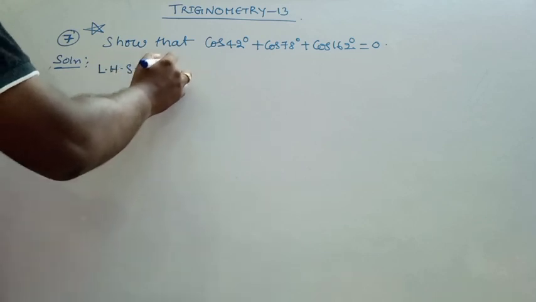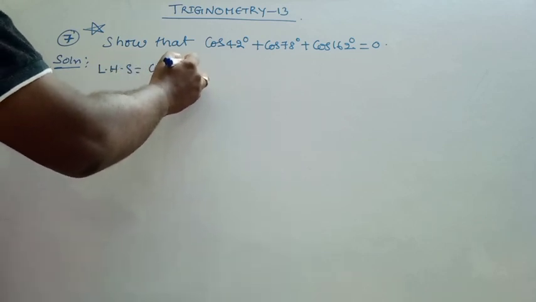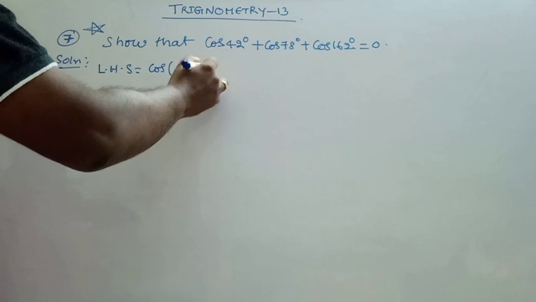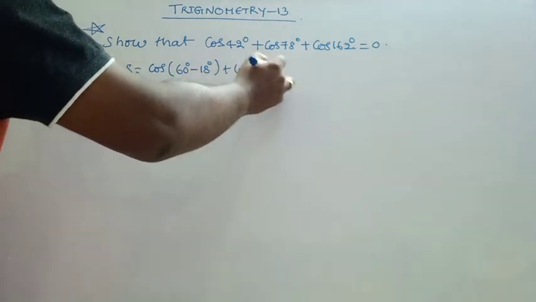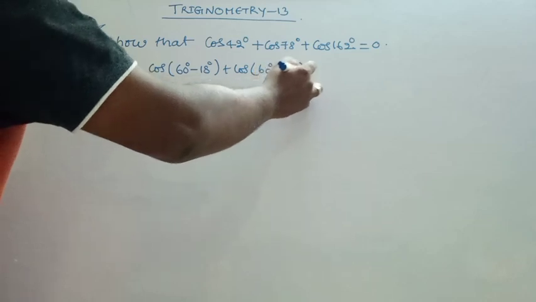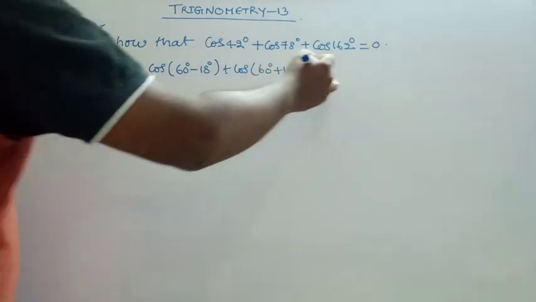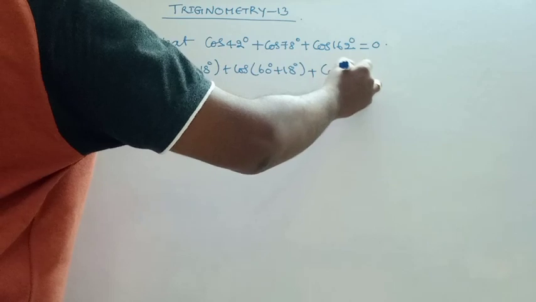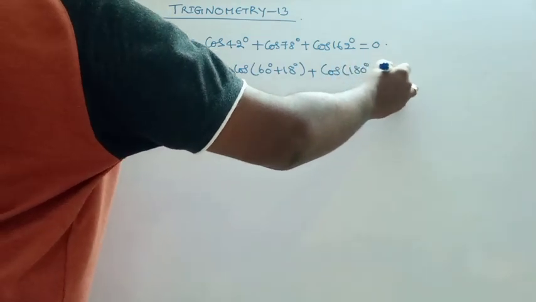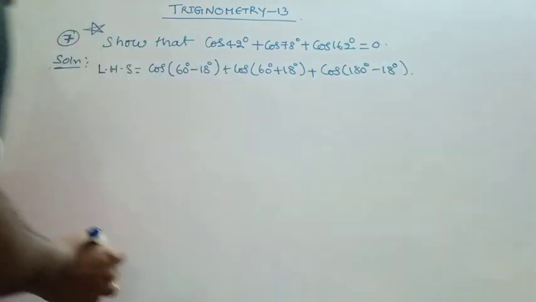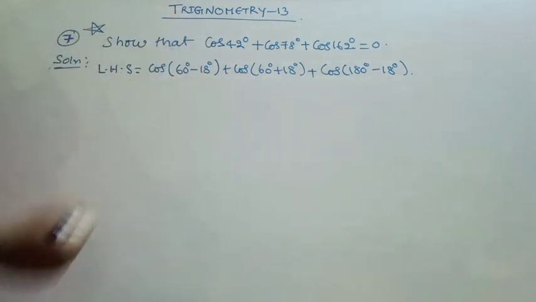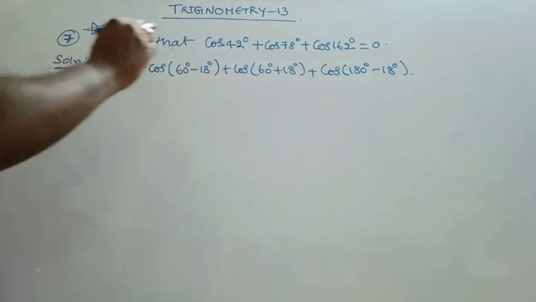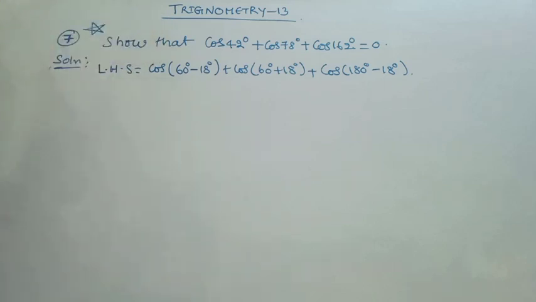Cos 42 you can write as cos of 60 minus 18 degrees, plus cos 78 you can write as cos of 60 degrees plus 18 degrees, plus cos 162 you can write as cos of 180 minus 18 degrees. Because 42 is 60 minus 18, 78 is 60 plus 18, and 162 is 180 degrees minus 18 degrees.